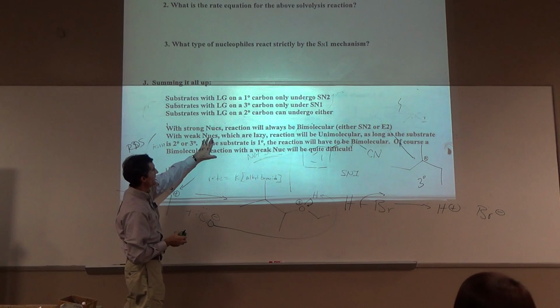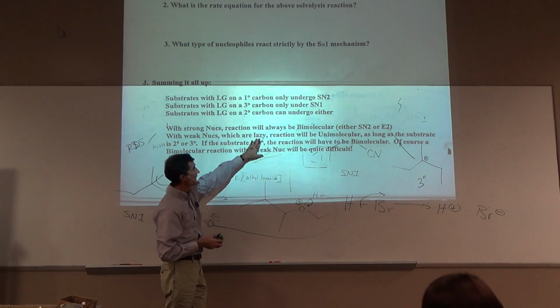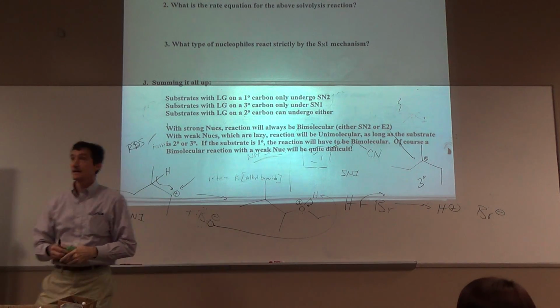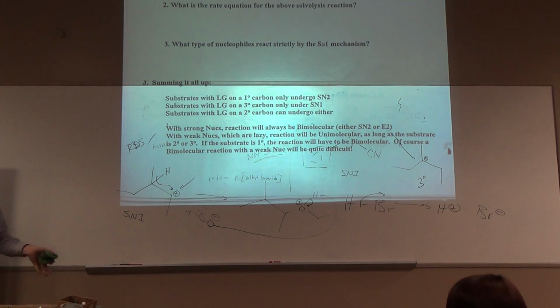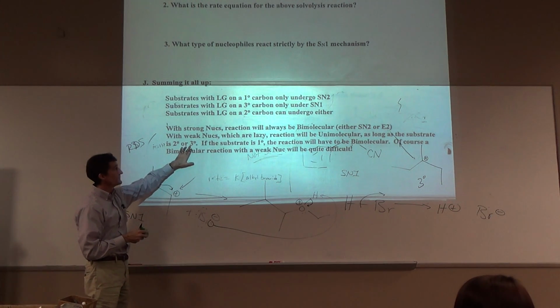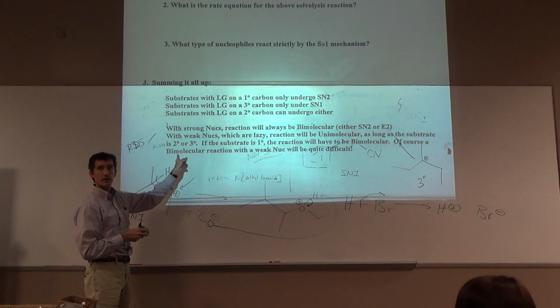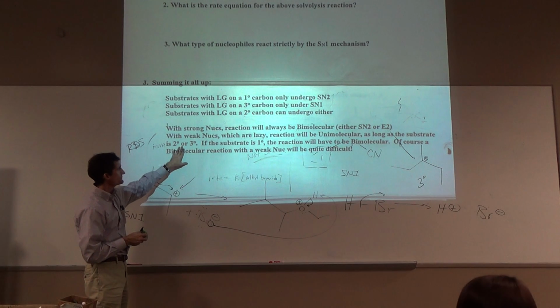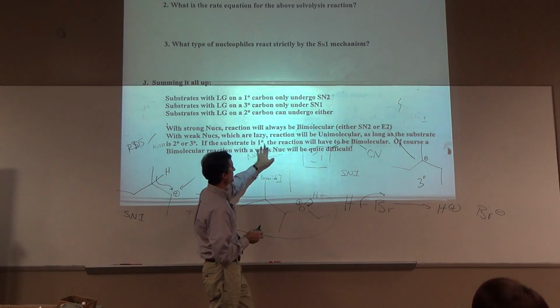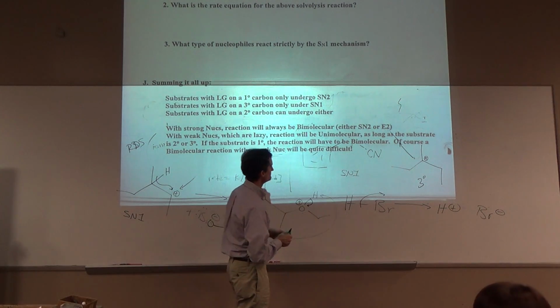With weak nucleophiles, which are lazy, the reaction will be unimolecular. They're too lazy to come in backside and kick off the leaving group, as long as the substrate is secondary or tertiary, because you don't do unimolecular with a primary. You don't do SN1 with primary. If the substrate is primary, the reaction will have to be bimolecular.